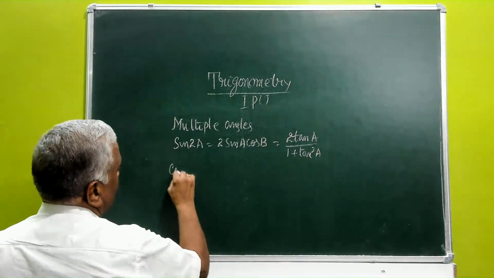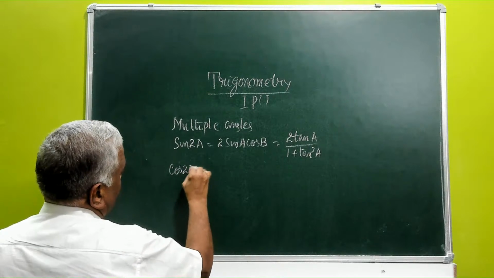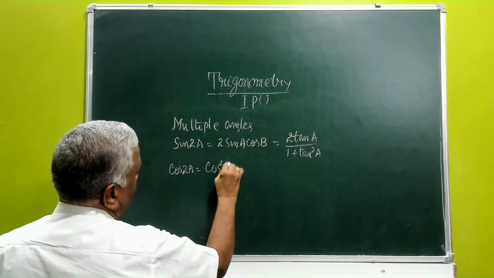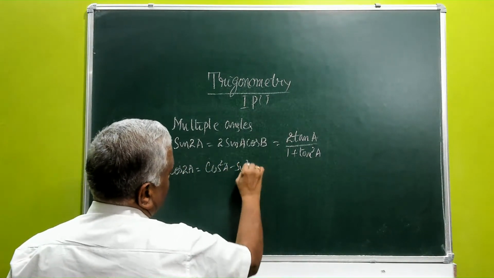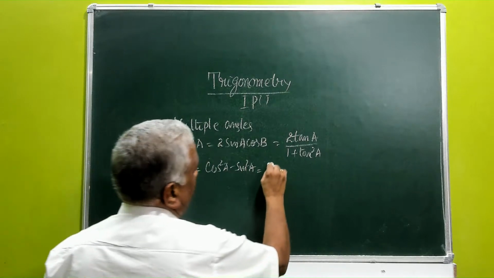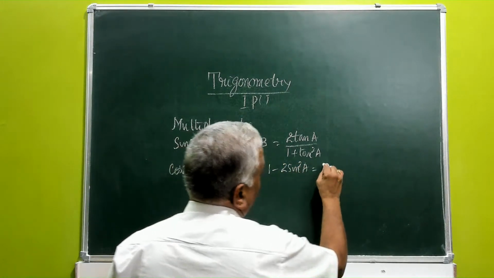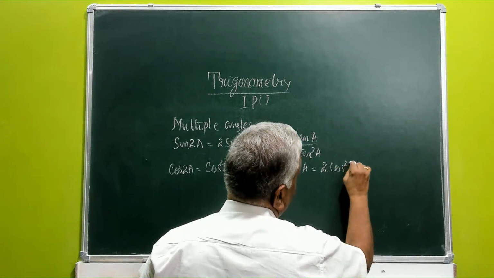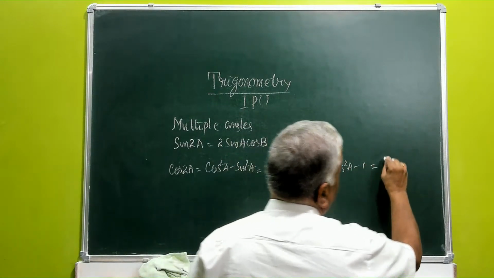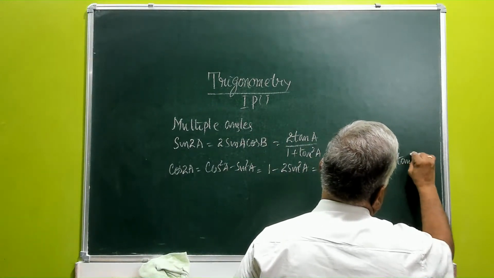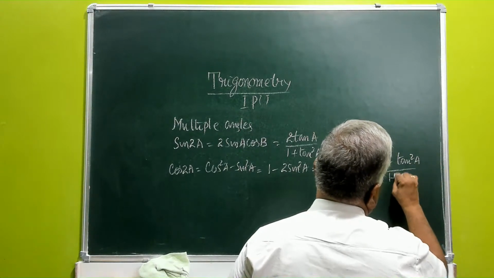Cos 2a is equal to cos square a minus sin square a, or 1 minus 2 sin square a, or 2 cos square a minus 1, or 1 minus tan square a over 1 plus tan square a.